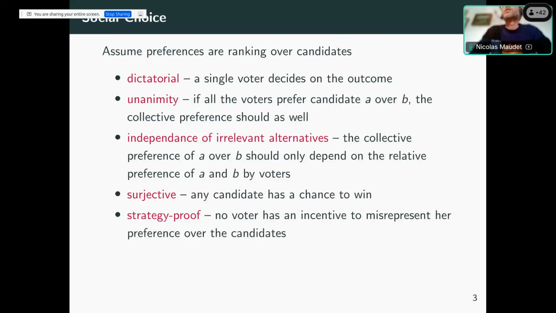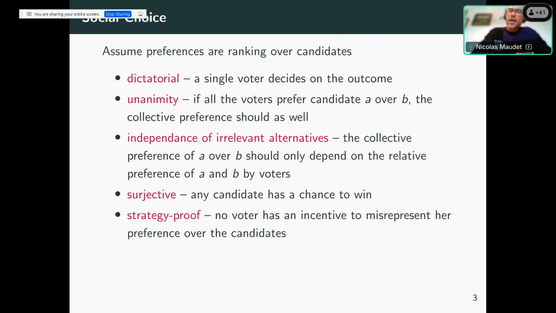Unanimity means that if everyone really agrees on the fact that A should be better than B, then overall the collective preference should say, okay, A is indeed better than B. Independence of irrelevant alternatives means that the preference you have regarding A over B should only depend on the relative preferences of A over B expressed by the voters, and not on some third or different option.